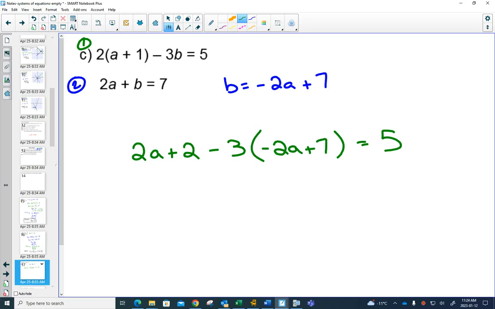And this time I'm going to remember, guess and check. All right? See if you can figure out what A and B is. Try some numbers. I tried 2 and 3 first. Did anybody try 2 and 3 first?